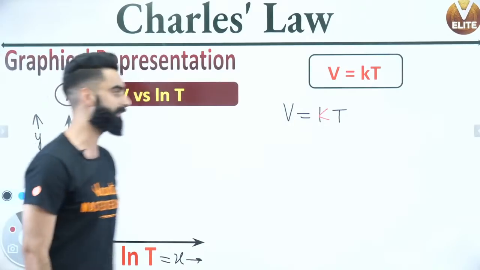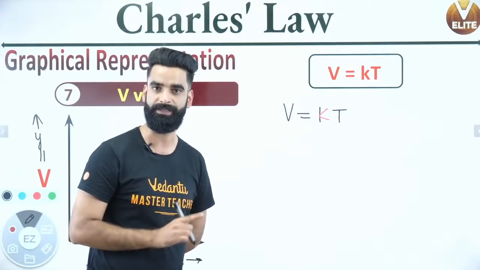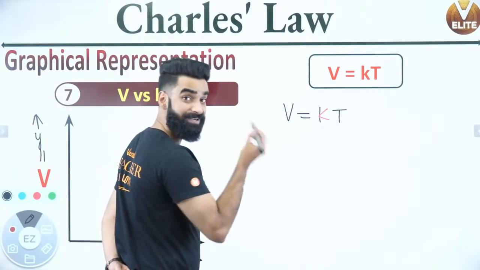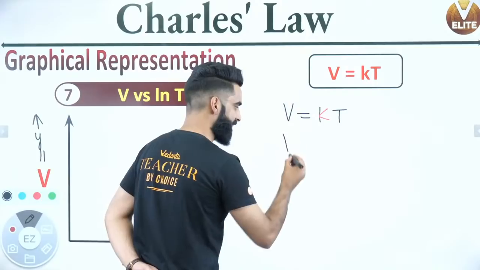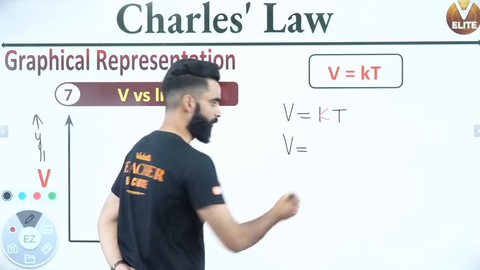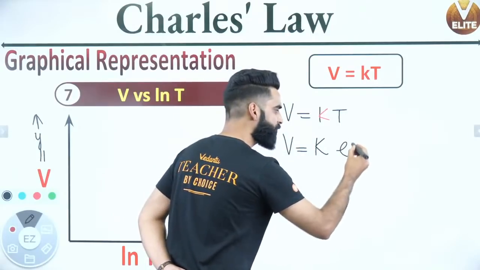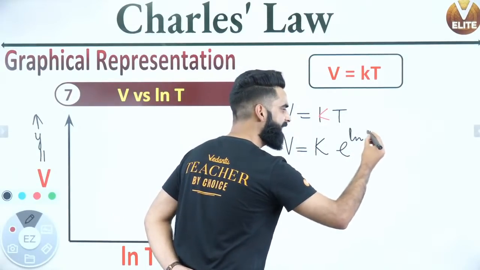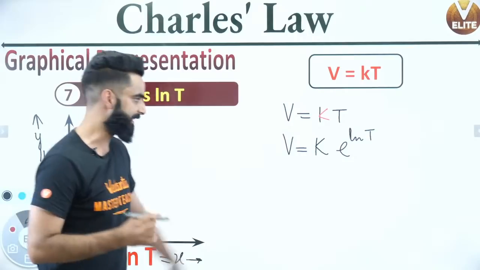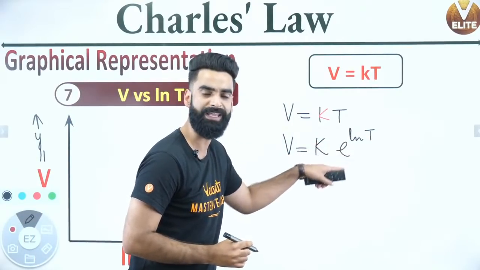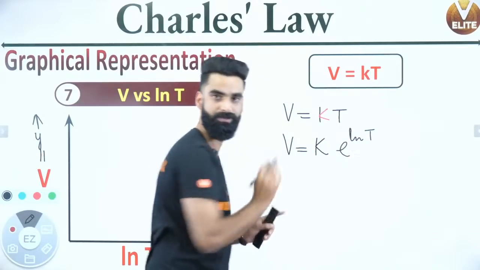Correct? Now, people, let me tell you one thing. I can write this equation like this: V is equal to K multiplied by e to the power ln t. Exponential and ln, e and ln, they eventually get cancelled out. Remember this.